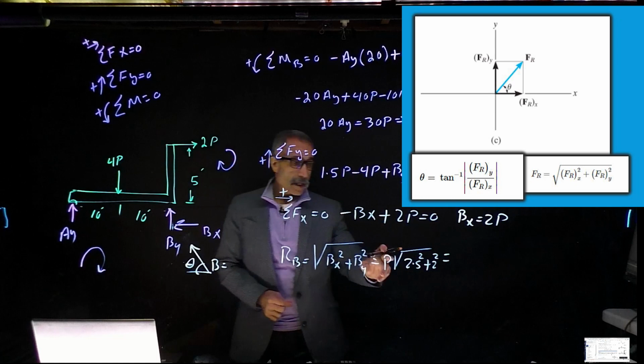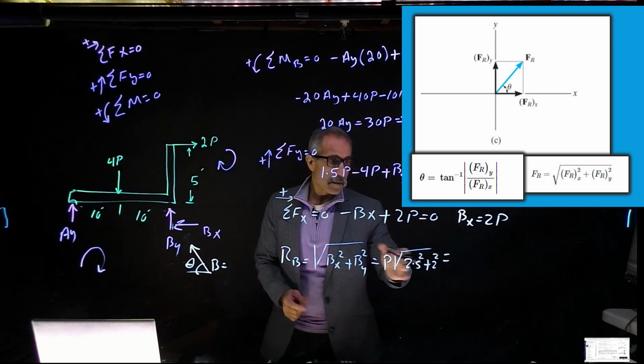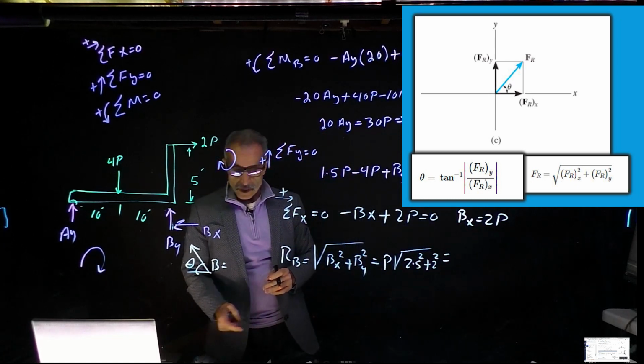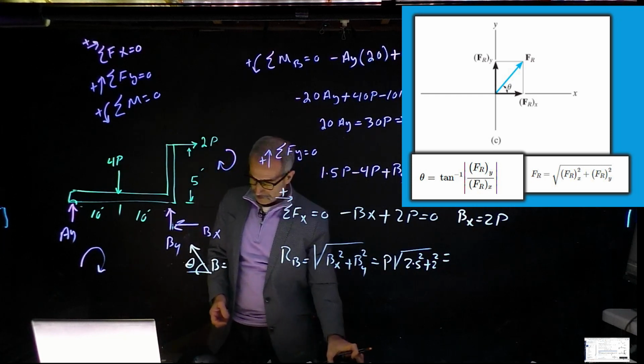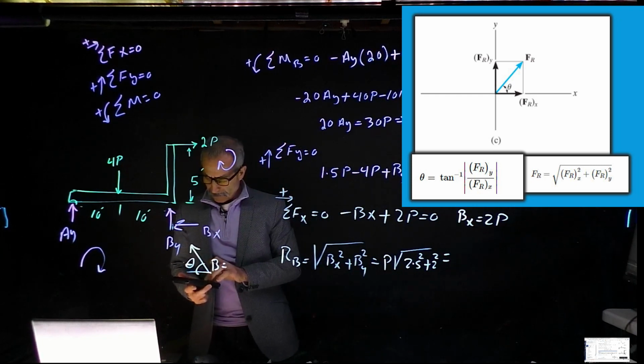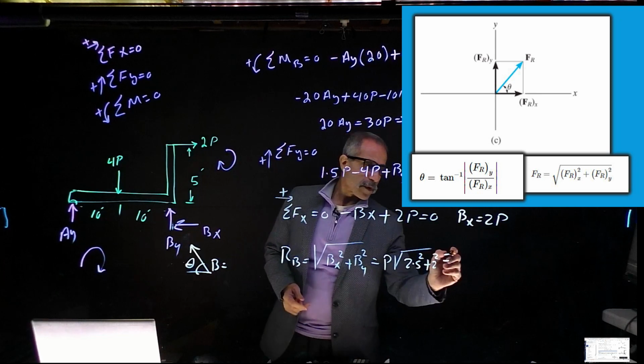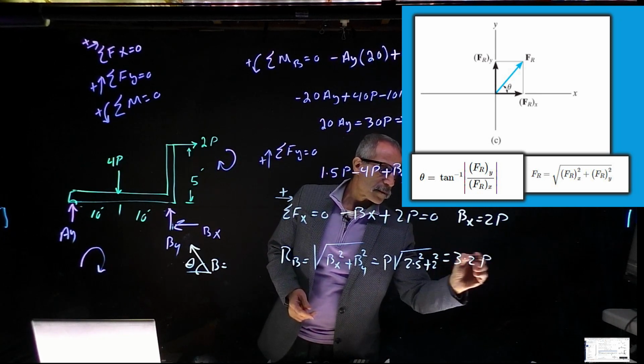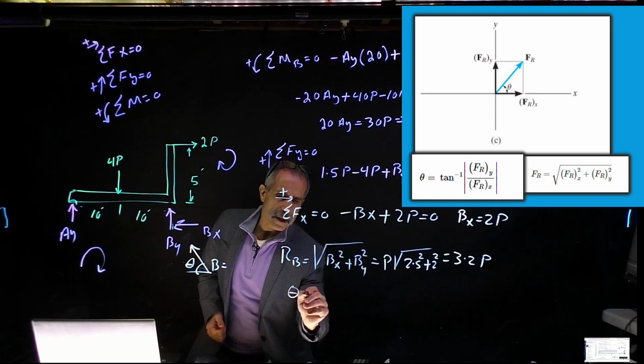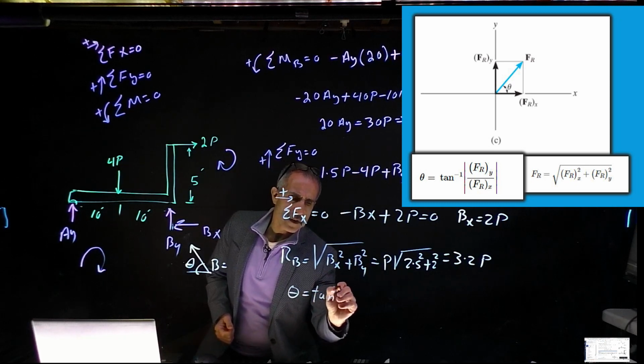So actually this is that one, and that one I got a little bit backward, you know what I mean. And that should come out to 3.2p. Theta is equal to tangent inverse. We did talk about that.